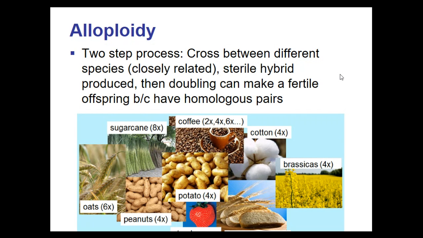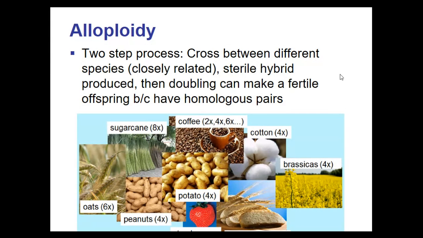Normally, sperm and egg have just half of the chromosomes. But if you could make sperm and egg with all of the chromosomes from both different species parents, then you cross those together, you get an individual hybrid that has 2 full sets of chromosomes. Now it could reproduce. But anyway, that's called alloploidy.